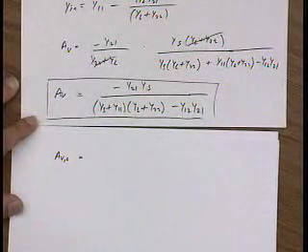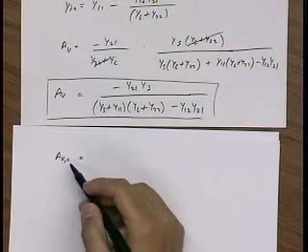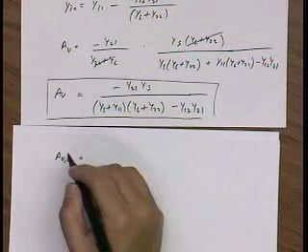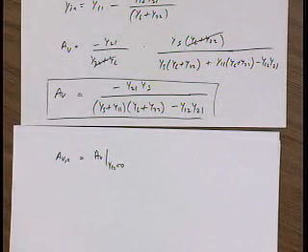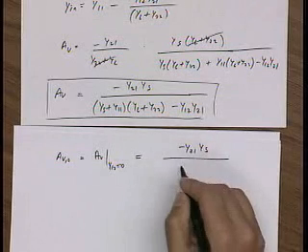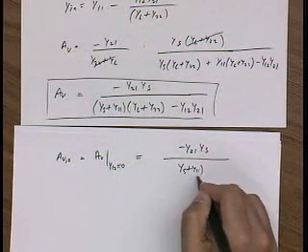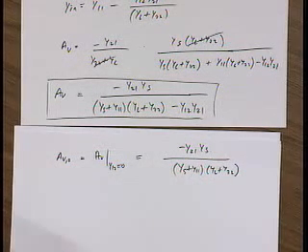And last lecture we defined this voltage gain when there is no feedback present. In other words, that's AV0, when y12 is equal to 0. And we get minus y21 ys over (ys plus y11)(yl plus y22).